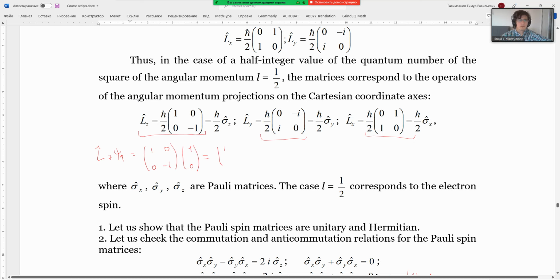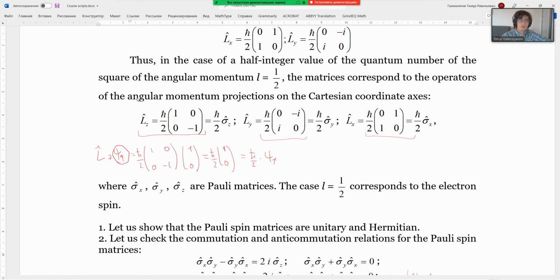Let's take h halved. We get 1 here and 0 here, times h halved, which means h halved psi. So psi up is the eigenfunction of Lz with eigenvalue h halved.